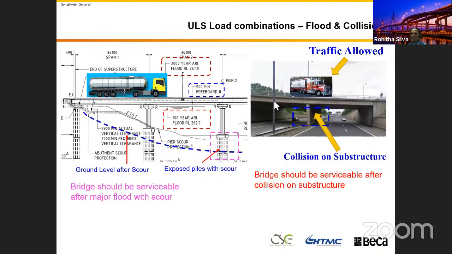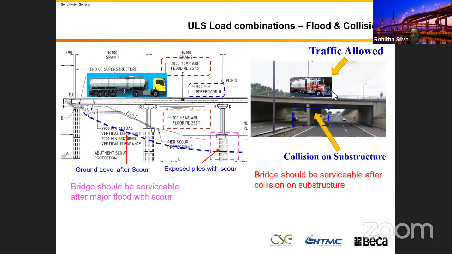You see, this is the highway. We build this. This is your motorway. This is your pier here, right? This is your motorway on the top, right? If a vehicle collides with the substructure here, and this bridge is not serviceable, then, if you want this bridge to be serviceable because you want to keep the motorway open all the time, you make sure that at least the engineers can go and inspect the bridge and the retrofit in the substructure is okay.